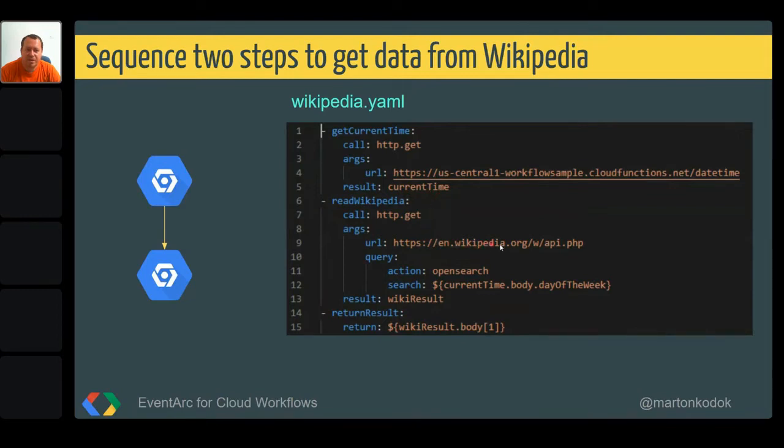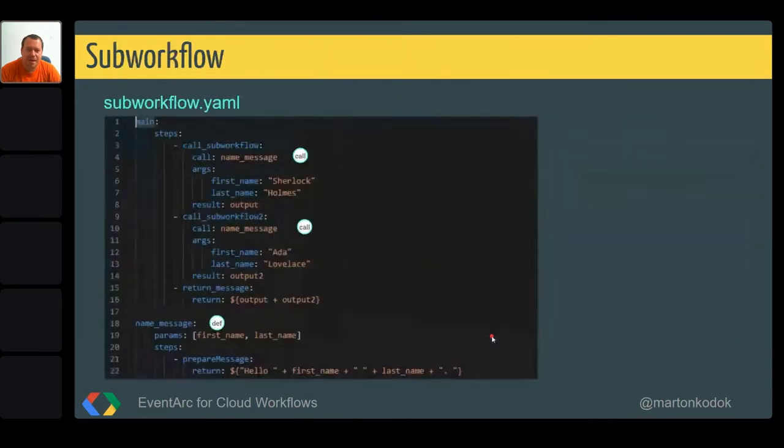And after that, we use the API of Wikipedia, we do the open search action, and then we pass a string to it. The string is being read from the current time, body, day of the week parameter as well. The result is in the wiki result, and also it goes to the body.